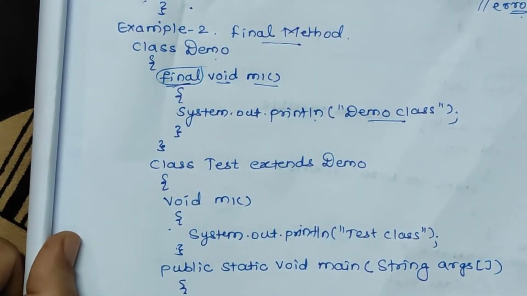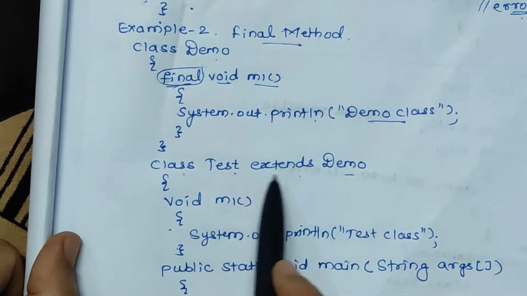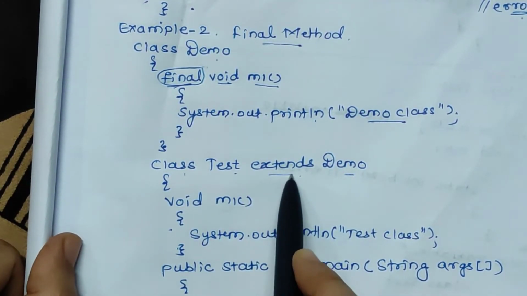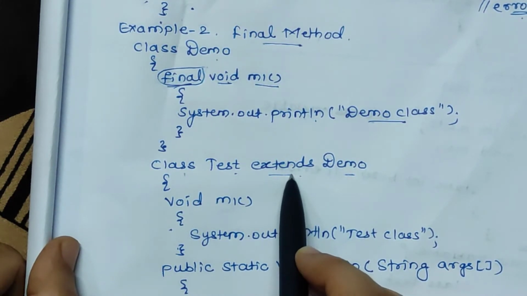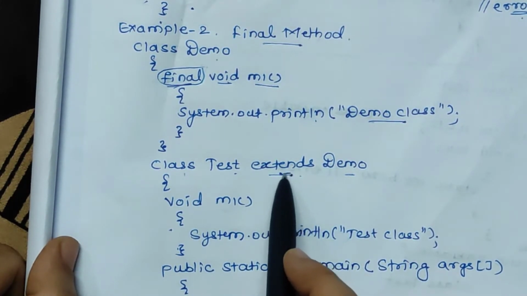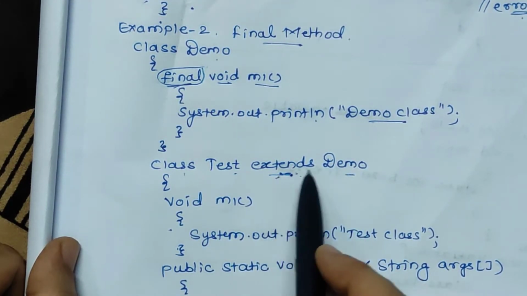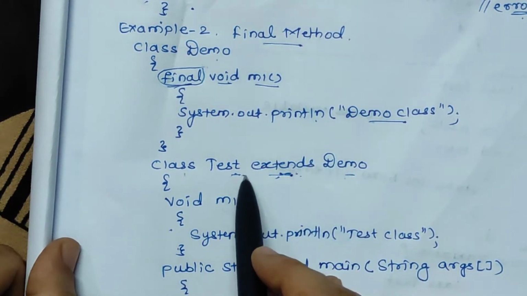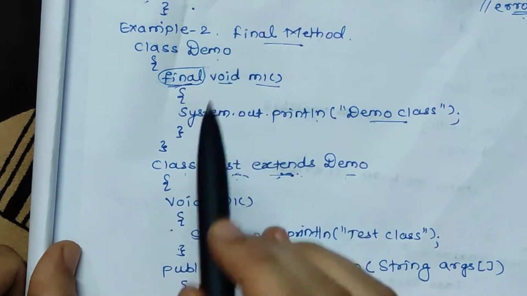Now in class Test extends Demo, we have already discussed in the previous video that if you have to use inheritance, you have to use the extends keyword. So what does it mean? The class Test is extended from Demo, or we can say class Test is inherited from the Demo class.